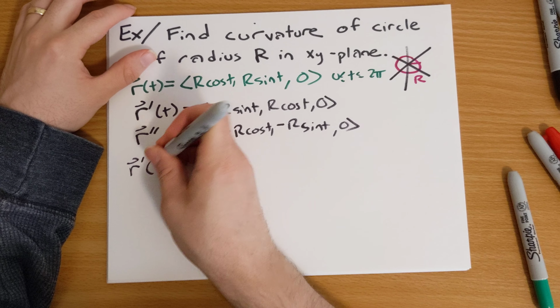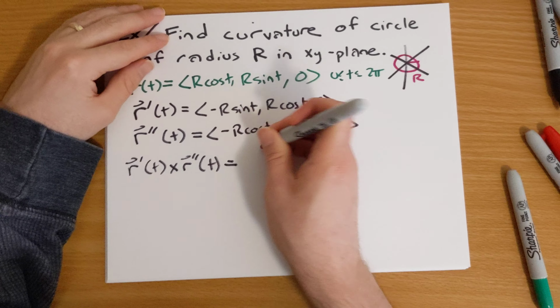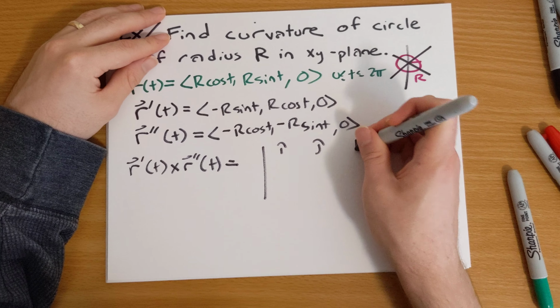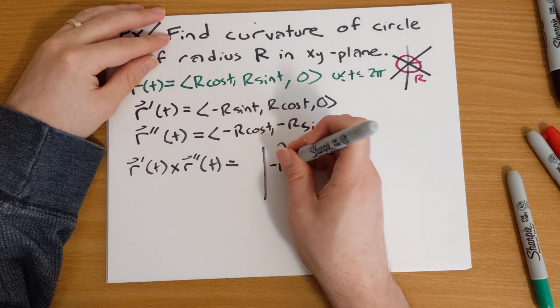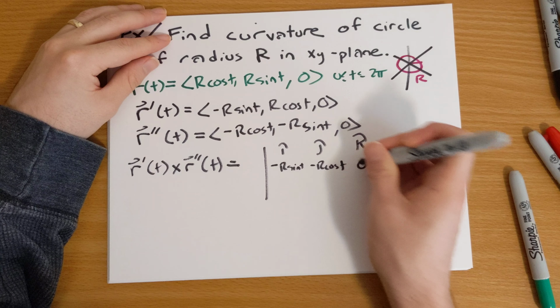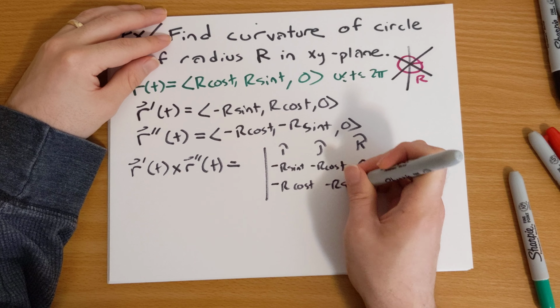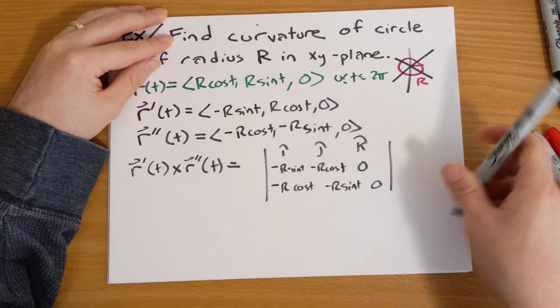Their cross product here: i hat, j hat, k hat, negative r sine t, r cosine t, and 0, negative r cosine t, negative r sine t, and 0.